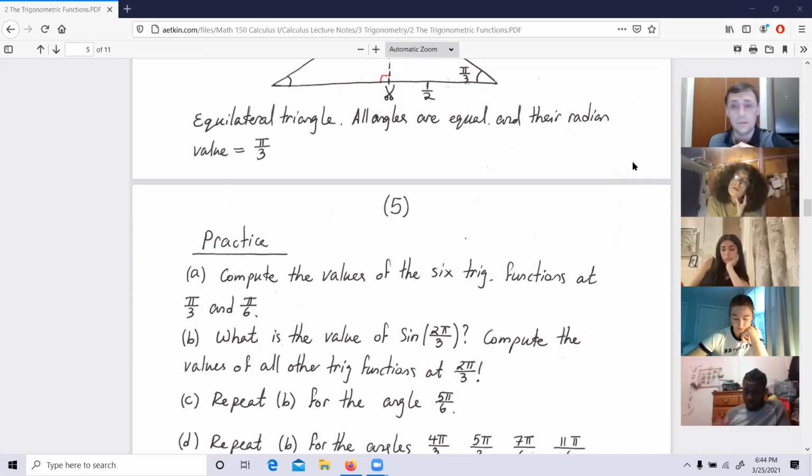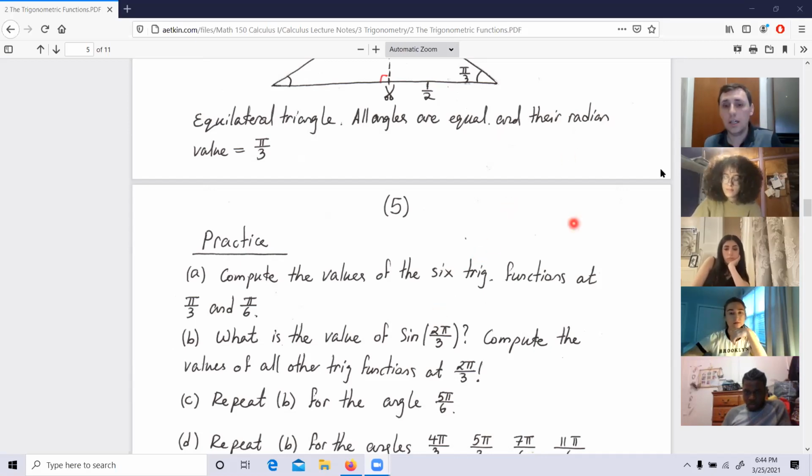What is the value? Okay, we have a few people. Exactly, right? What is 2 pi over 3?